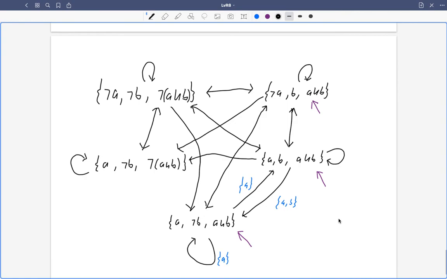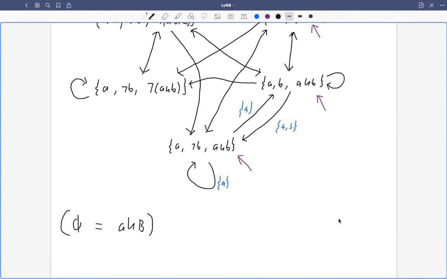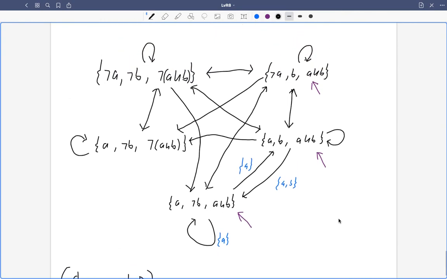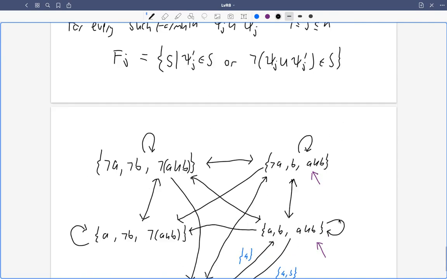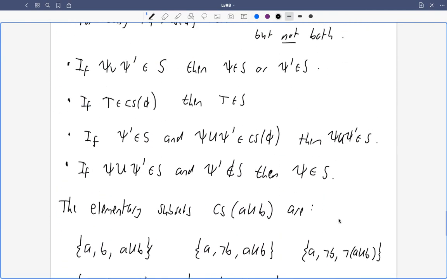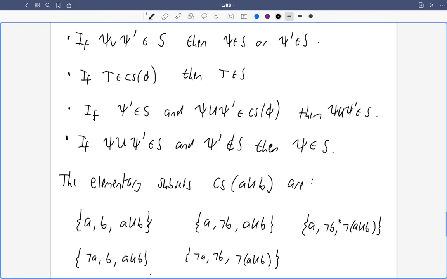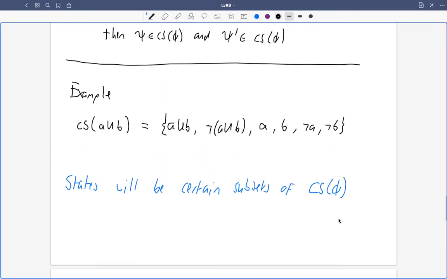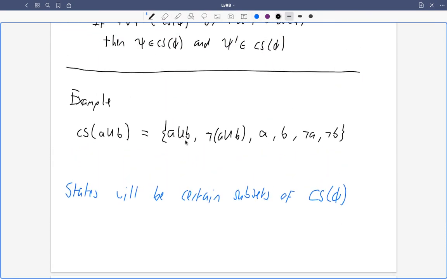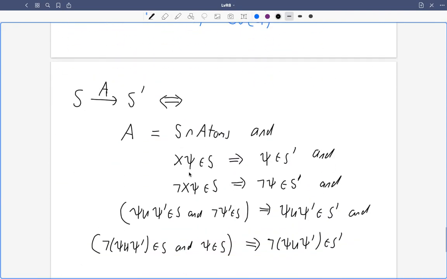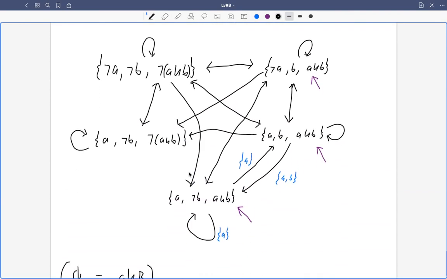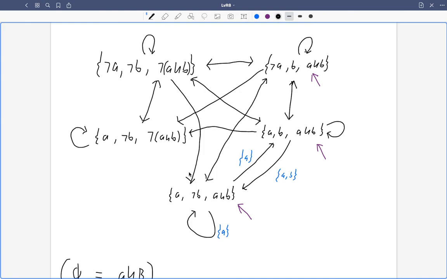So in our case, if we go back to the complemented subformulas, we only have one until formula, that's A until B. So in our example, we only have one set of final states, so we get a Büchi automaton.